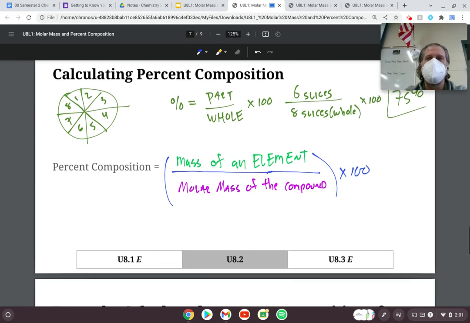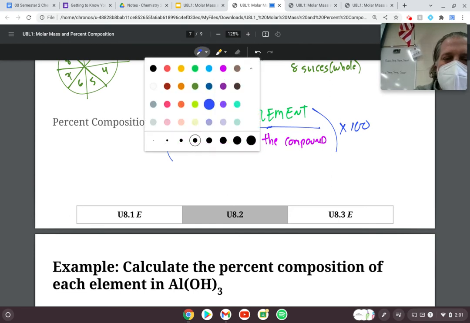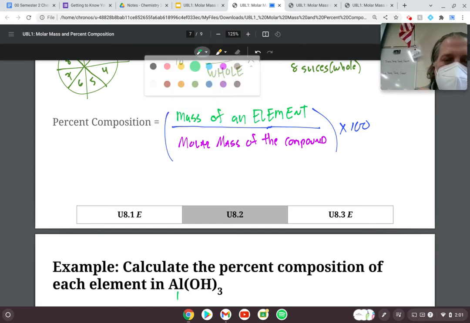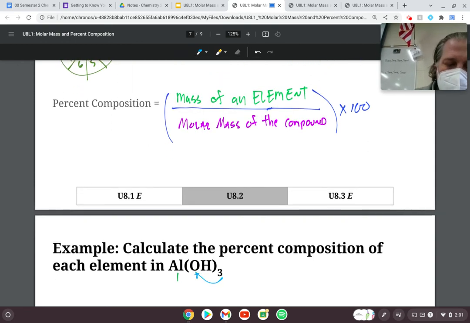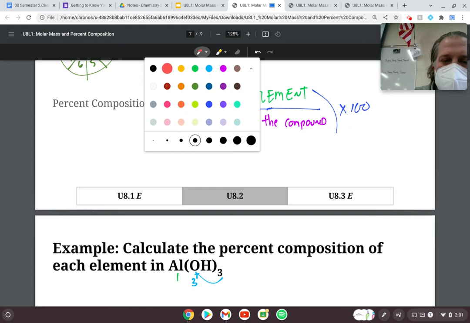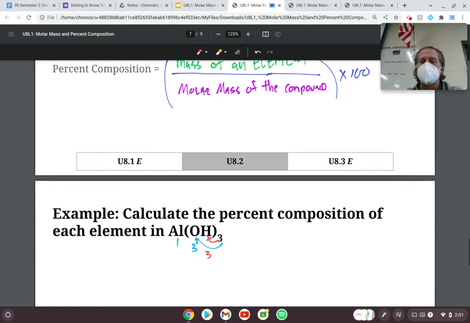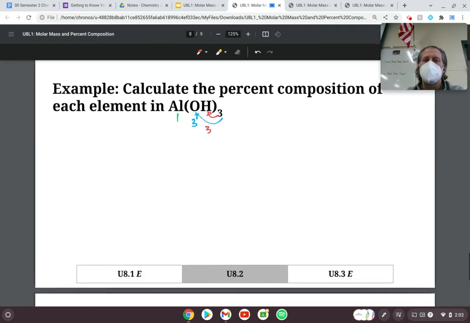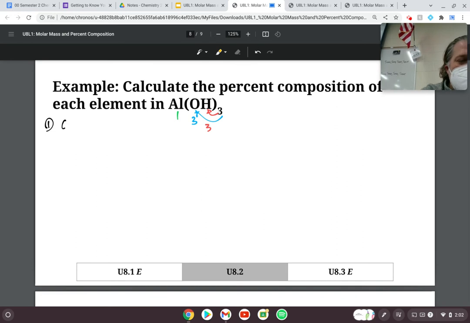Now, looking at our next example here, there is 1 aluminum, 3 oxygens, 3 hydrogens. When calculating a substance's percent composition, first step, calculate the molar mass.